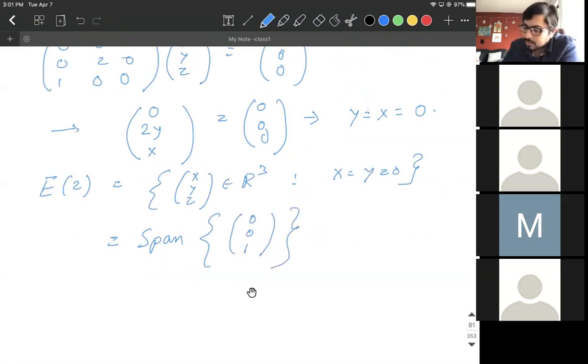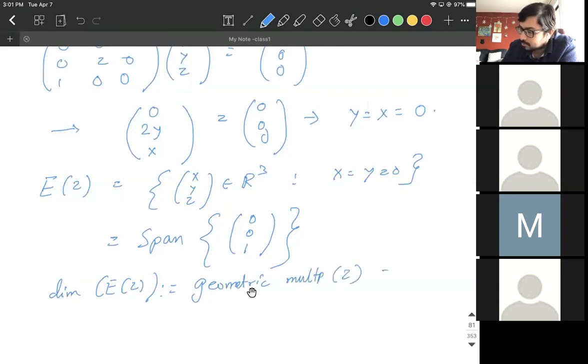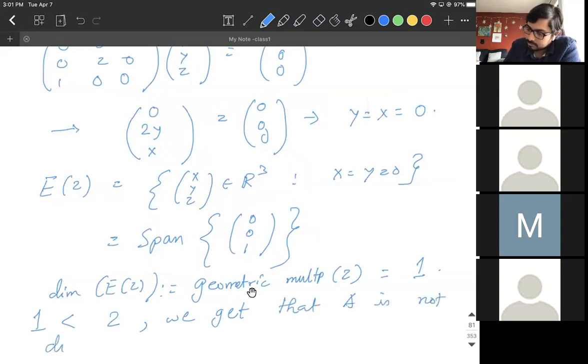Okay, which means that the dimension of E2, which by definition is the geometric multiplicity of 2, is 1. Okay, and since 1 is less than 2, we get that A is not diagonalizable.